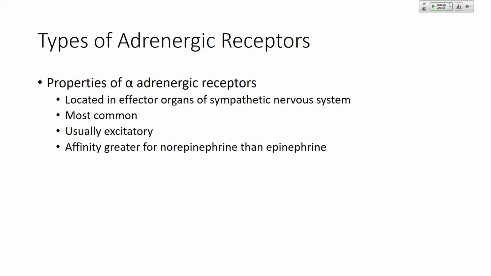So alpha receptors bind norepinephrine with a higher affinity than they do epinephrine. Okay, we'll see that's the opposite case for the beta receptors. So the important points here are that they're the most common, they're usually excitatory, and that they have a greater affinity for norepinephrine versus epinephrine.